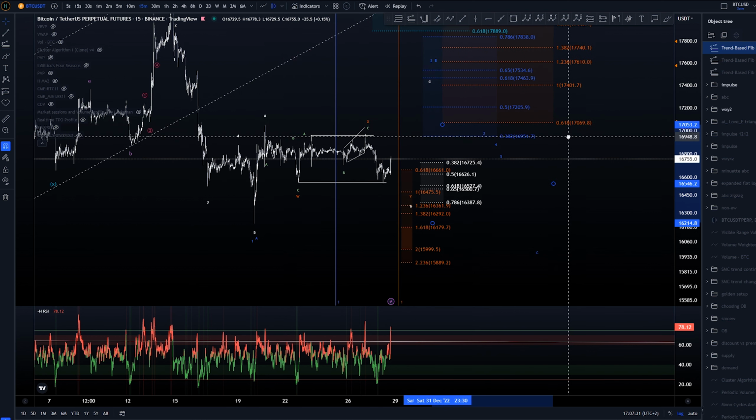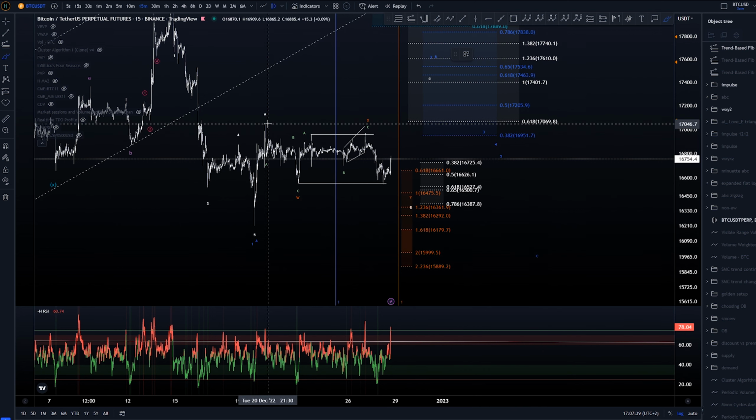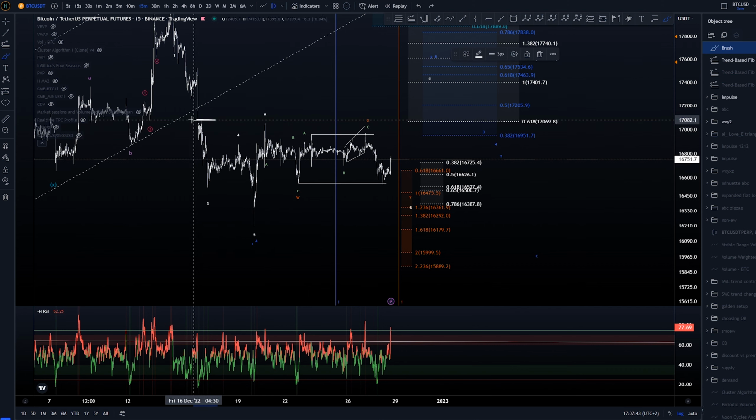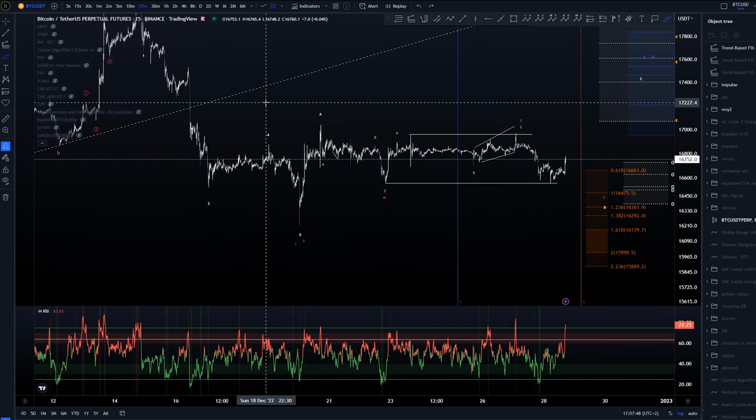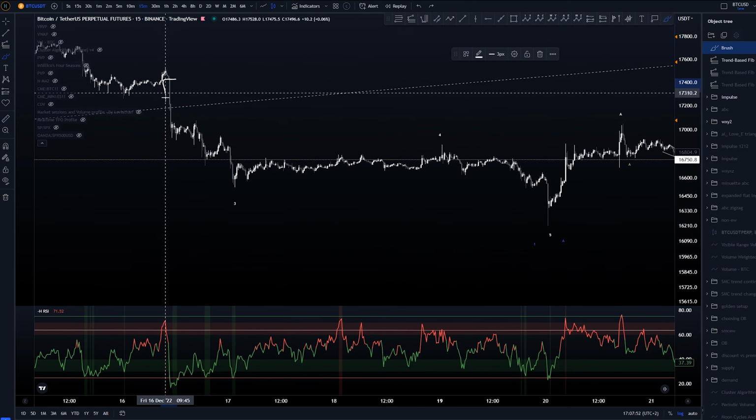The minimum we want to overall see hit is the 0.618, $17,070 area. This would take out the highs of wave A, take out the liquidity that we had here, and potentially even take out these here. Now the issue that we currently have on lower time frame is that we don't really have much resistance in here.